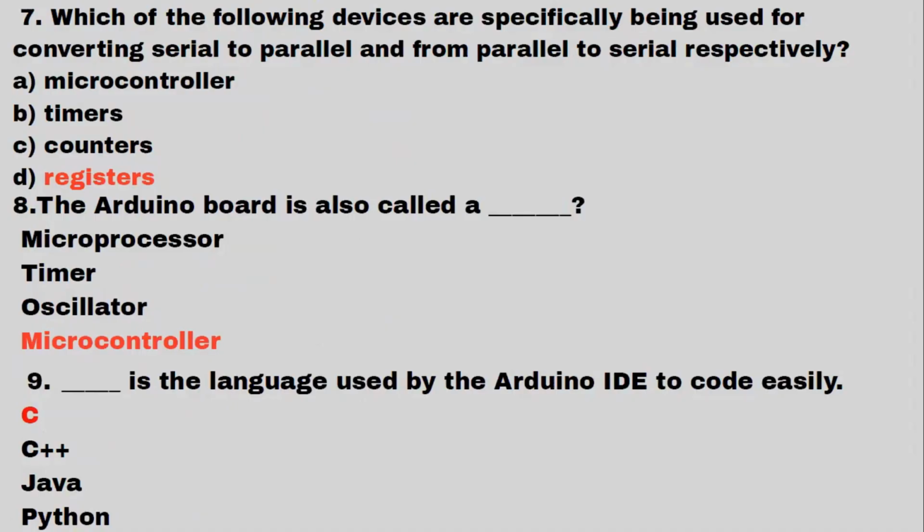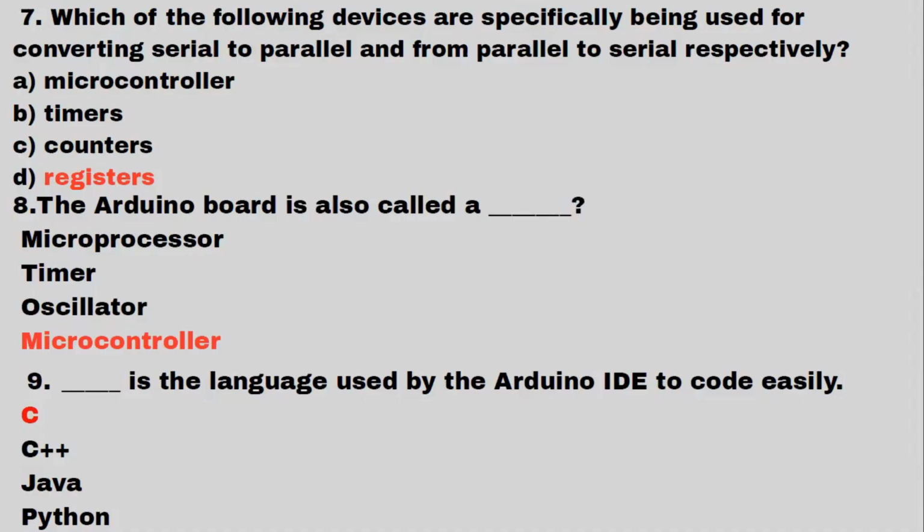Let's go to the next question. Question number 7. Which of the following devices are specifically used for converting serial to parallel and parallel to serial respectively? The correct answer is registers. Question number 8, the Arduino board is also called a simple microcontroller board.